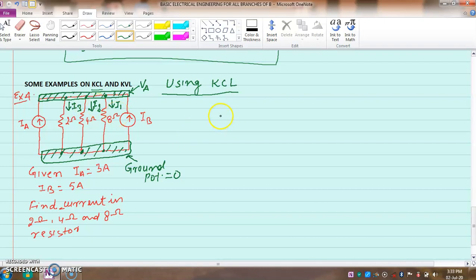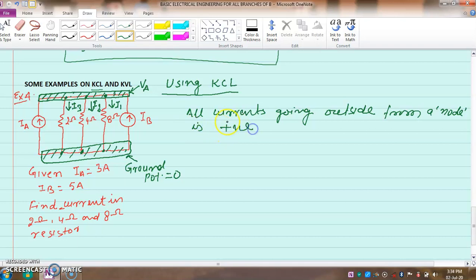So our convention will be that all currents going outside from a node are positive. Means all outside currents from this node, we assume that all currents are going outside.